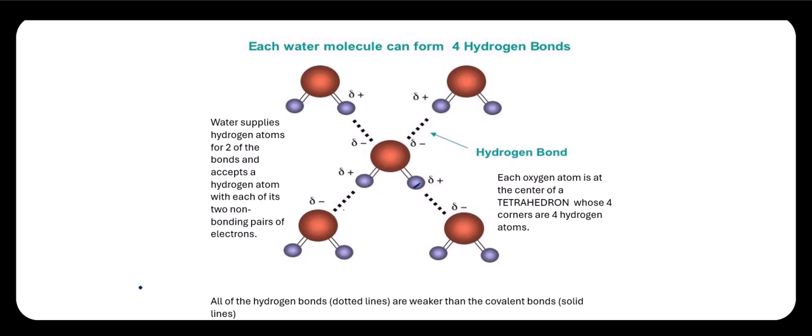The oxygen is in the middle of four hydrogens, two covalently bonded, two connected through hydrogen bonds, making that tetrahedron shape. So a little bit of an odd term on something with one oxygen and two hydrogens, three components, but it's the four hydrogens hanging out or bonded to that oxygen.